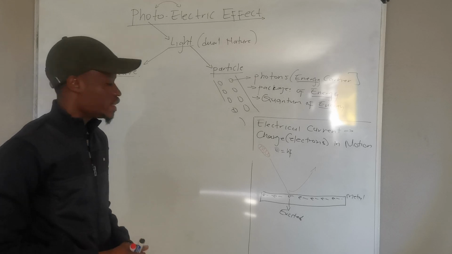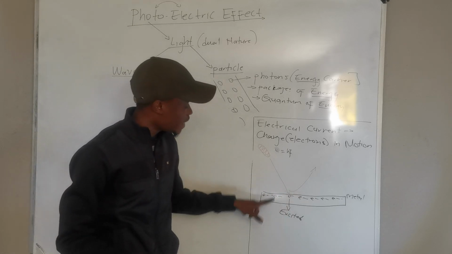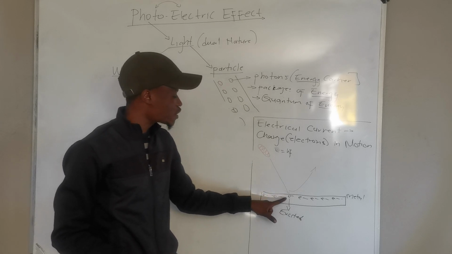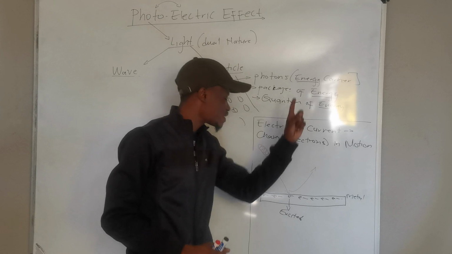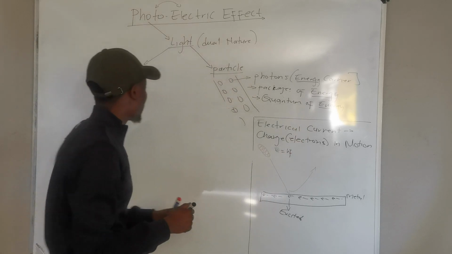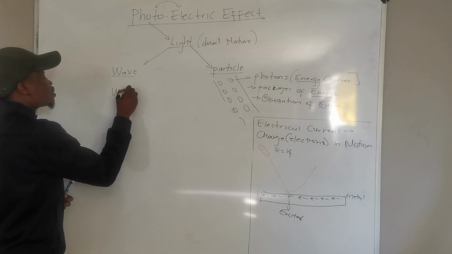Are we together? Therefore, let me now give a name to that. The energy that is needed for this electron to be ejected out of this metal, we are going to call it what? The work function.